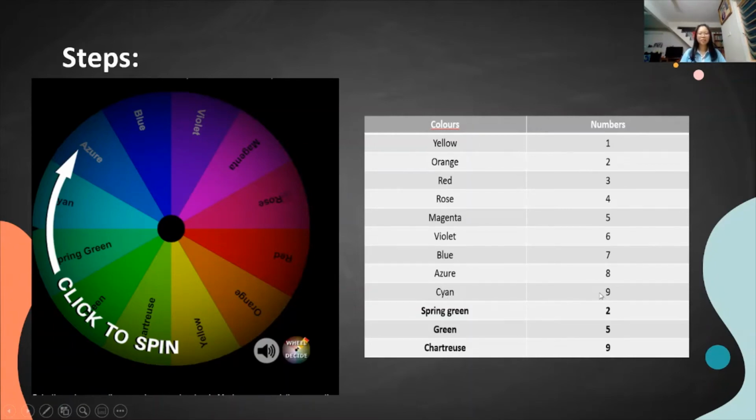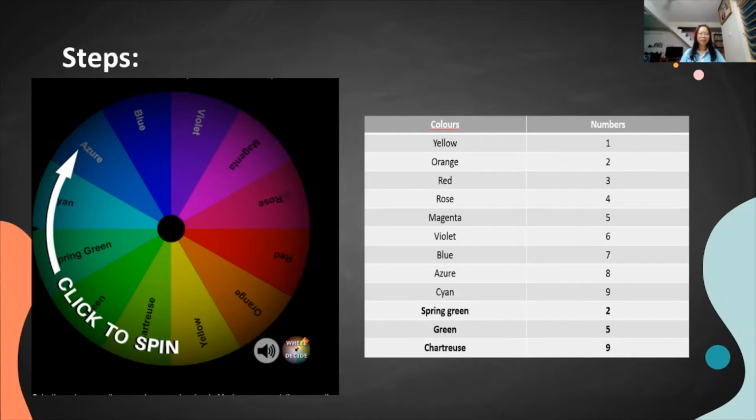And here I would like to highlight that there are 3 repetitions of numbers, which are 2, 5, and 9, represented by spring green, green, and chartreuse colors respectively.